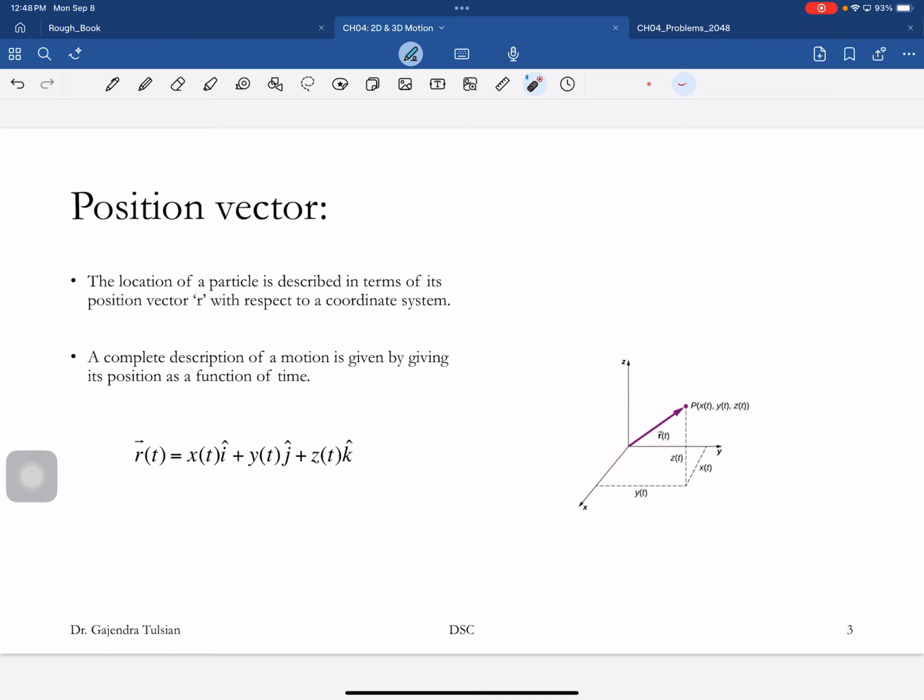And we always use a right-handed coordinate system. Here's the x-axis, here's the y-axis. If you turn a screw from the x to the y-axis, the screw would move in the z direction. So that's a right-handed coordinate system.